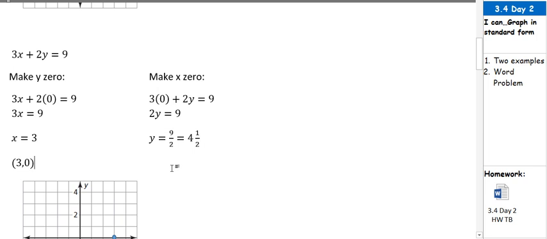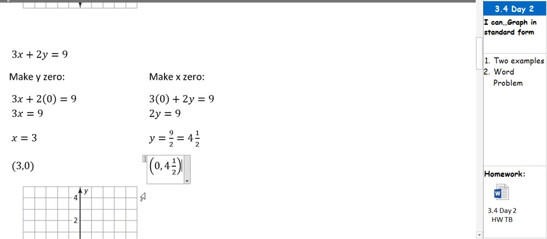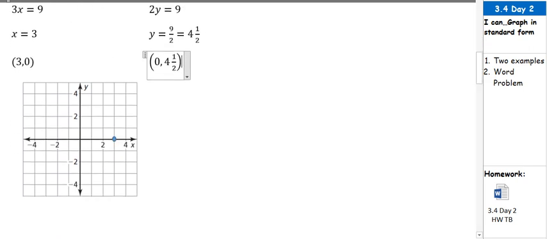Remember my ordered pair now is 0, 4.5. And here's how we graph 4.5. 0, I'm going to go up to 4, and then I'm going to go 1/2 farther.